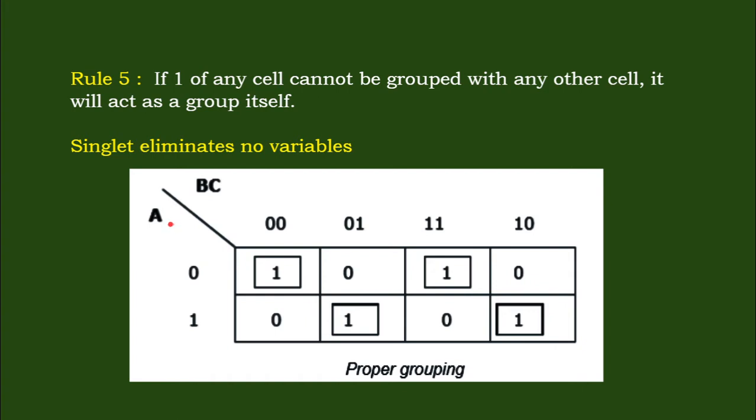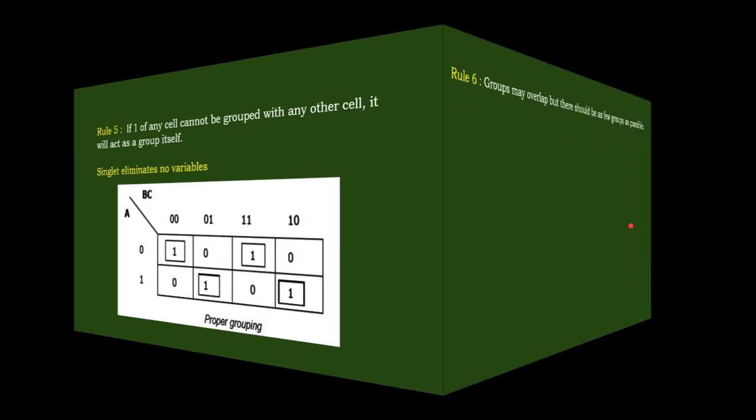Suppose we have 3 variables in the Karnaugh map, in this example A, B, C. If you cover this one as a single group, this will not eliminate any variable. That means the minterm of this singlet will contain all the terms A, B, C either in the normal form or in the complement form.